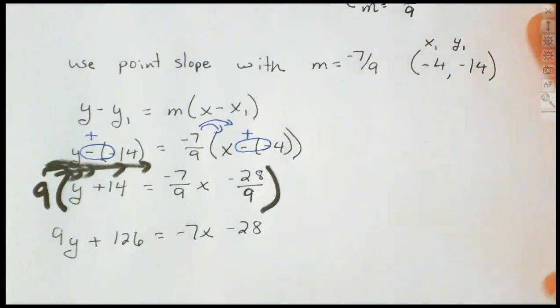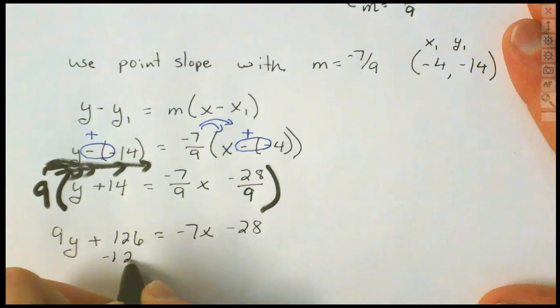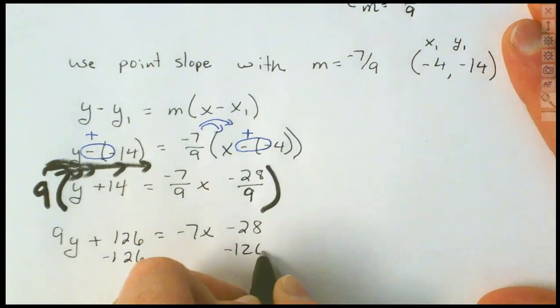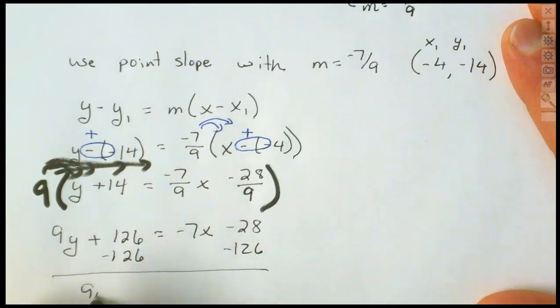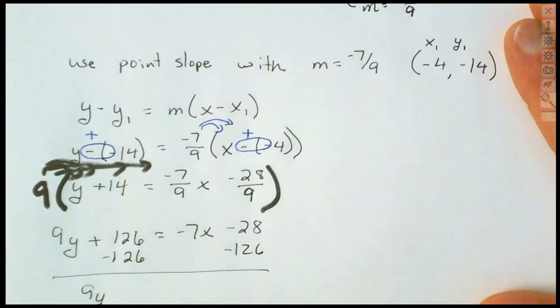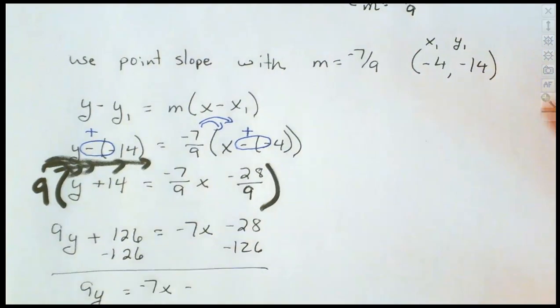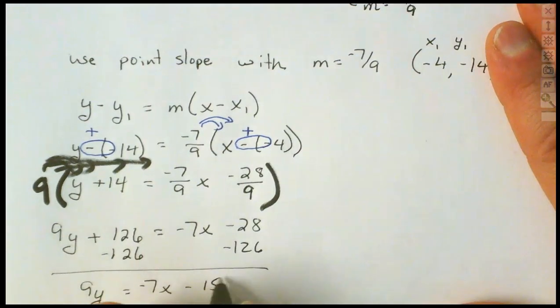So we're now going to move that 126 over. And that leaves you now with 9y equals a minus 7x. And those go together. And that's 126 and 28. Makes it then a minus 154. We'll divide by our 9 everywhere.